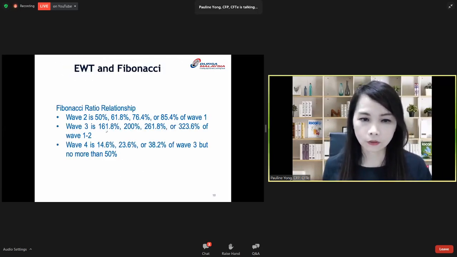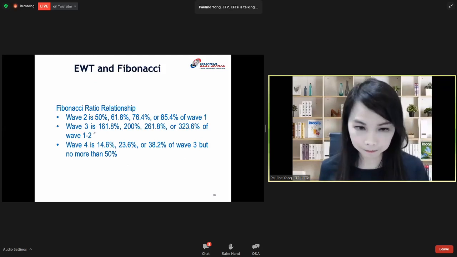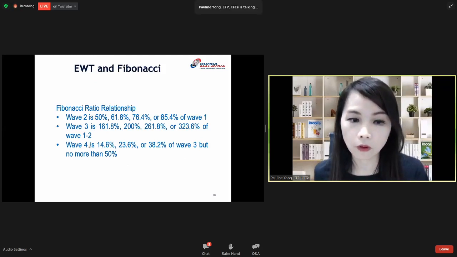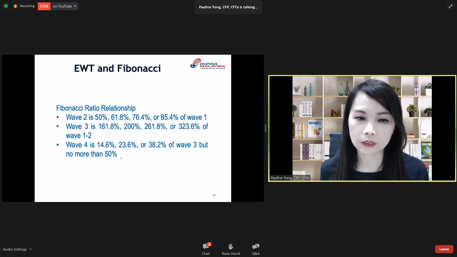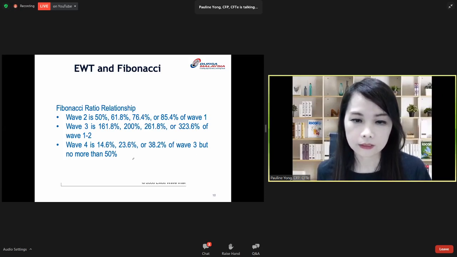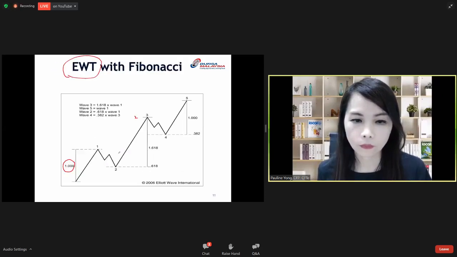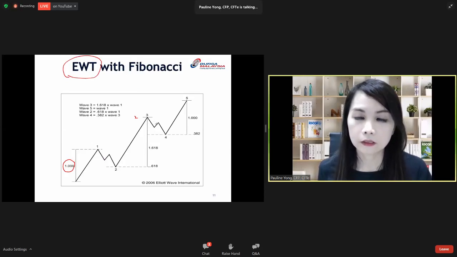Okay, so that will be wave number 3. Then wave number 4, it's looking at the correction part, whereby we are looking at 14.6, 23.6, 38.2 of wave 3, but no more than 50%. So what we are looking at in theory is that wave number 4, this correction is shallower than wave number 2.